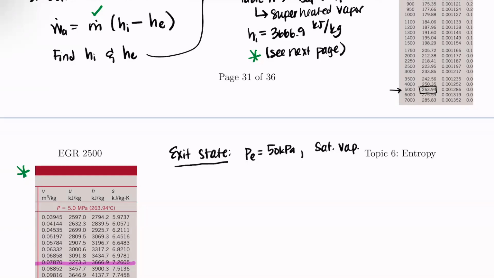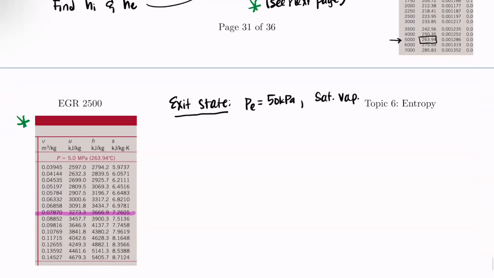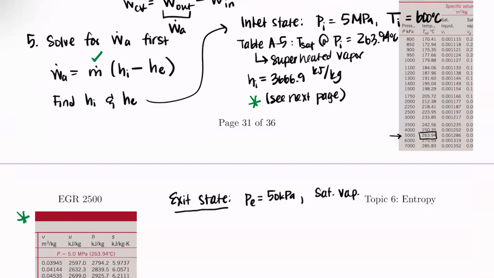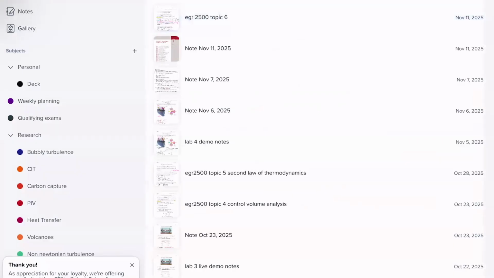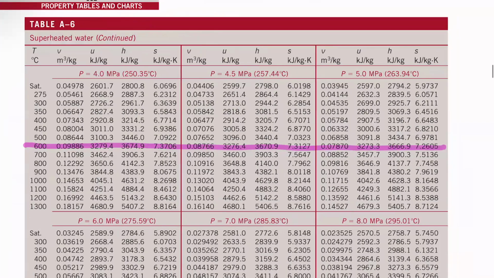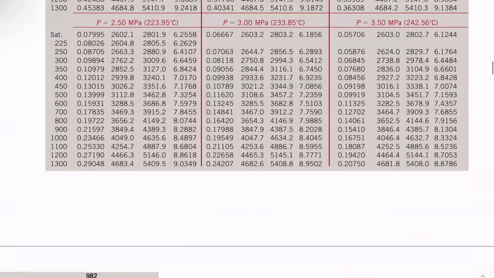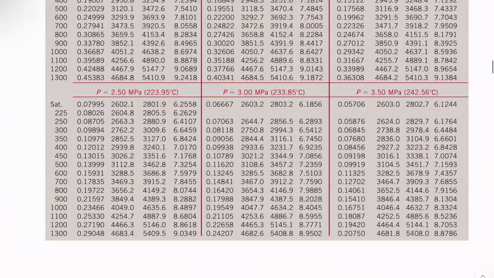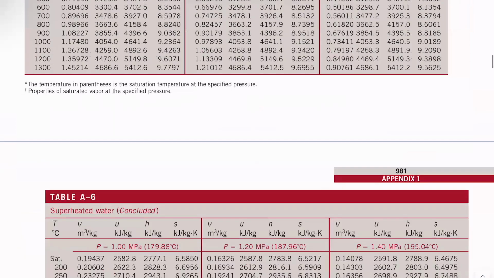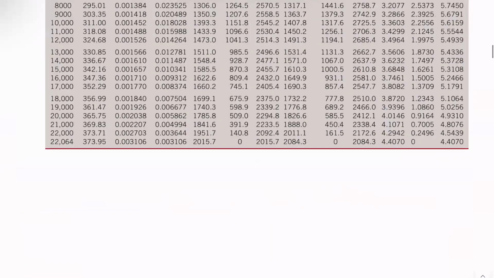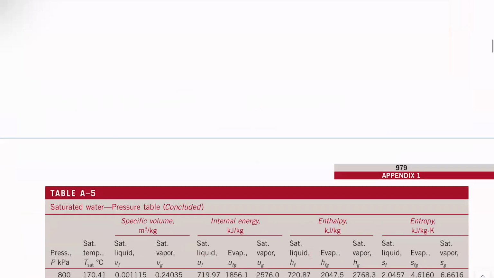Good question. Hang on, I'm thinking. Well, let's check. We can go to our pressure table, which is here. We know the exit pressure is 50 kPa, and if we're a saturated vapor, we have to have the saturation temperature, right?